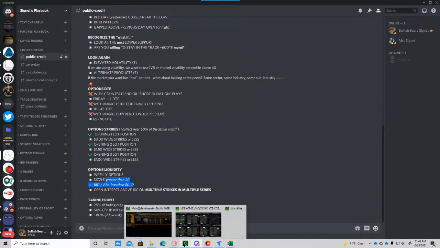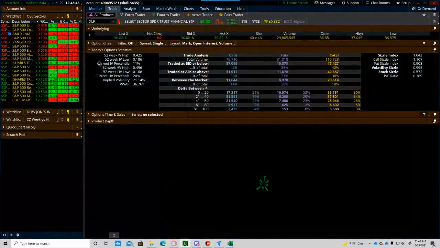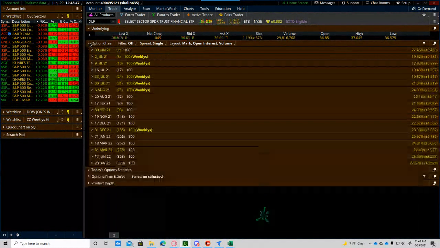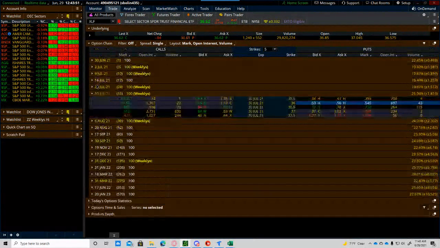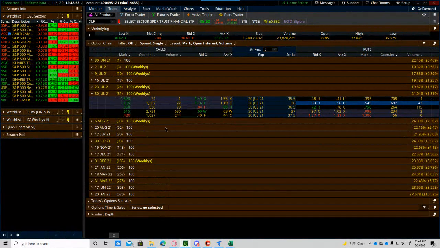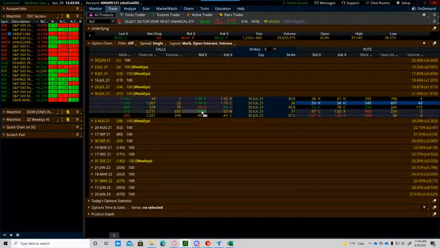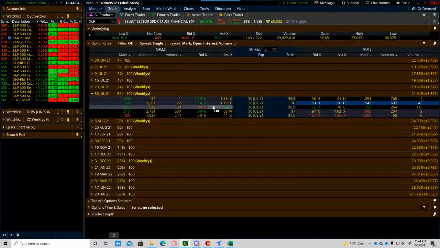The bid ask should not be too wide. And quote, too wide is a very arbitrary thing. How do I decide what is too wide, and how do you decide what is too wide? Something like XLF is a $36 product, and it has a 4-penny bid-ask spread.